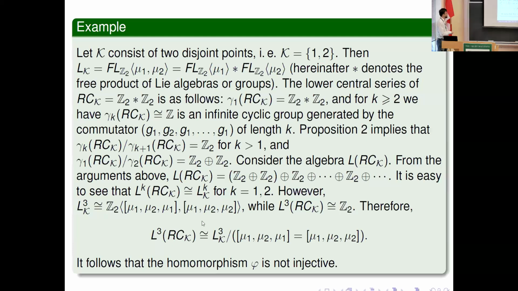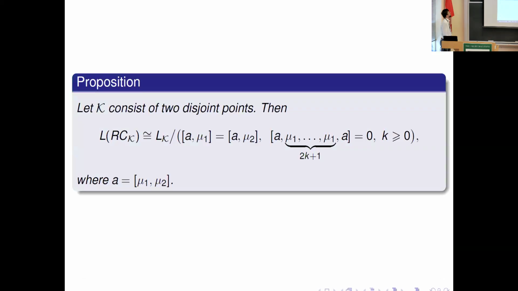Therefore, the third component of LRCK is isomorphic to LK factored by this relation. It follows that the homomorphism phi is not injective. Let K consist of two disjoint points. Then LRCK is isomorphic to the graph Lie algebra factored by these relations, where a equals mu1 mu2. These are infinitely many relations.